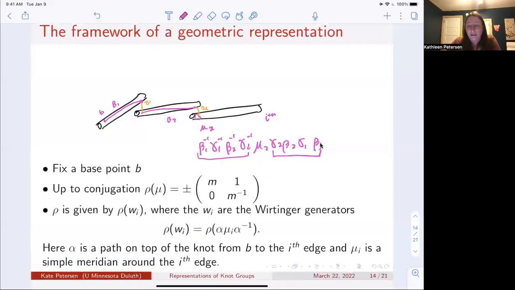And each of these lifts to a P matrix, say P1, C1, P2, C2, maybe M2. And here we have to be careful. This is C2 inverse, you'd want to say, but they all really depend on the base points. So maybe it's better to call it prime: P2 inverse prime, C1 inverse prime, and P1 inverse prime.